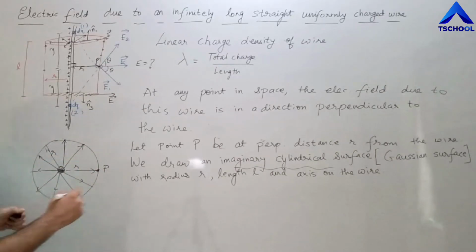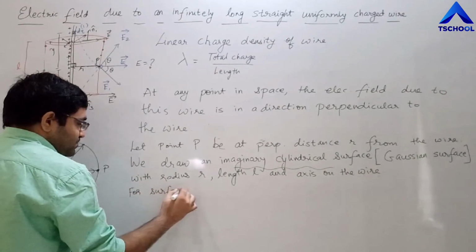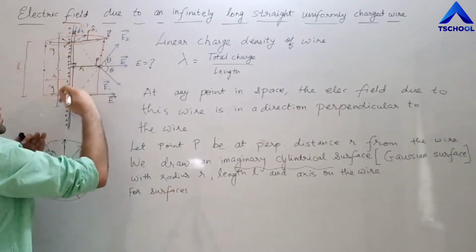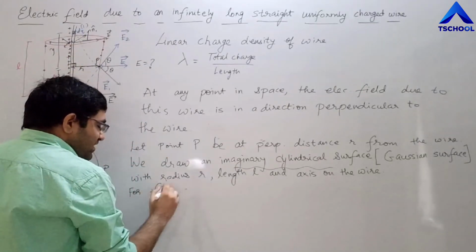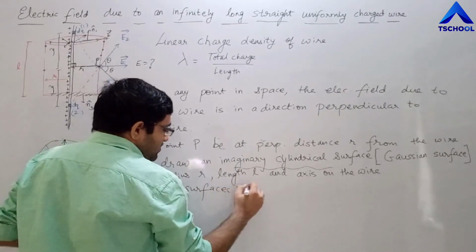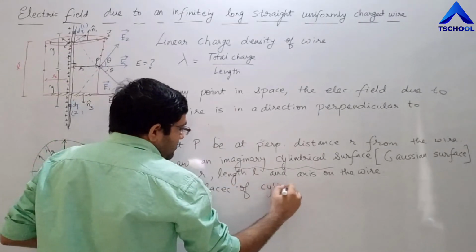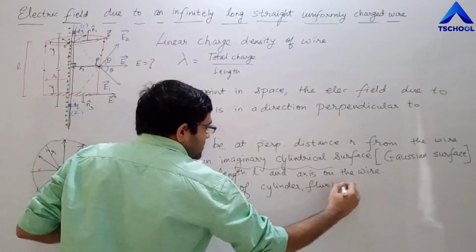So for these two, for flat surfaces of cylinder, flux is 0.